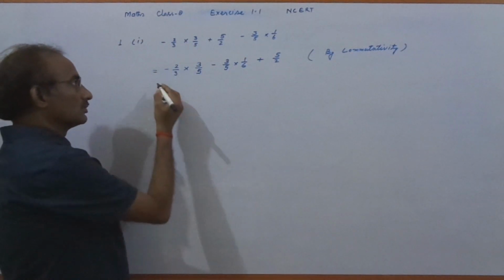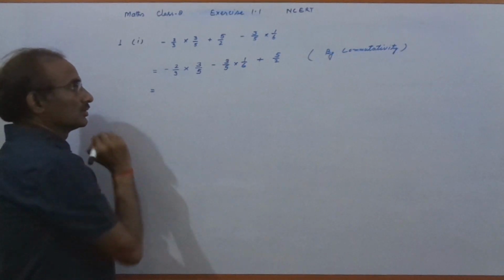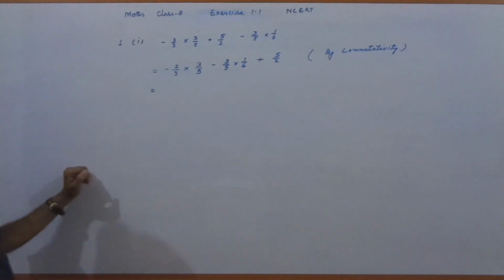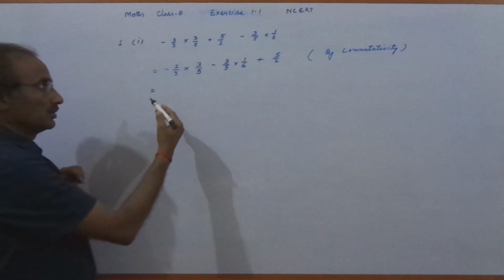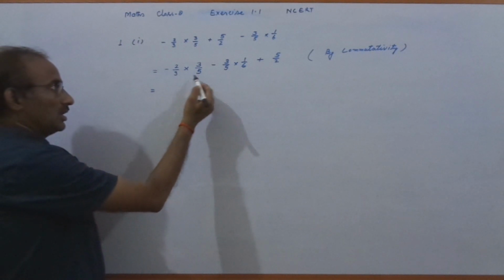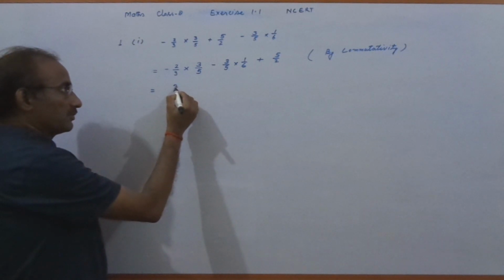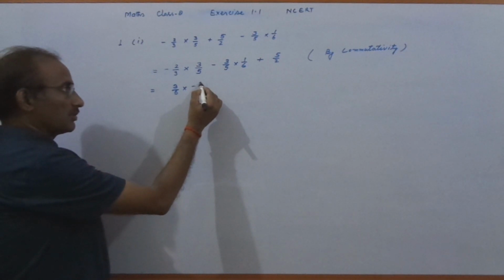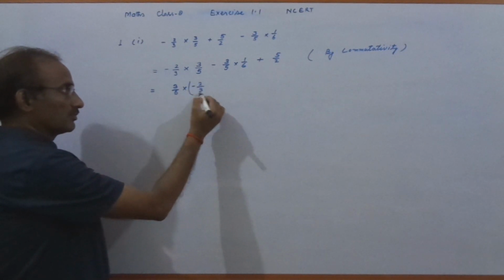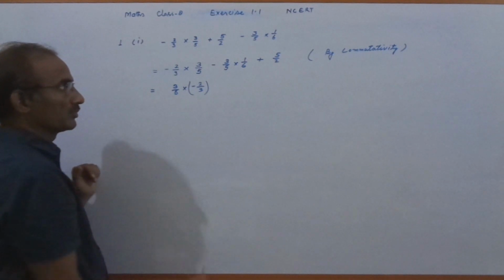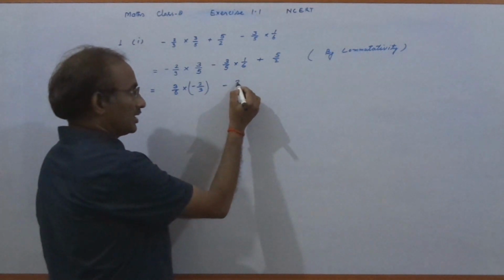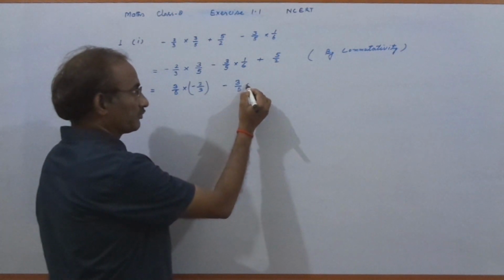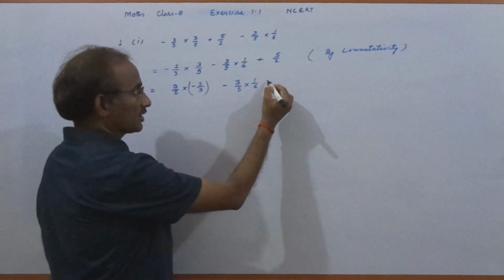Now it can be written as 3 upon 5 multiplied with minus 2 upon 3 and minus 3 upon 5 multiplied with 1 upon 6.